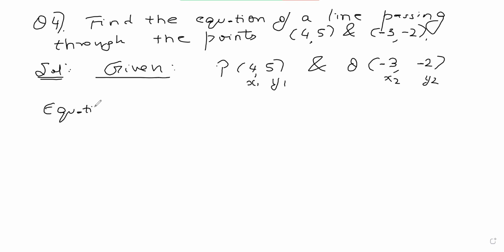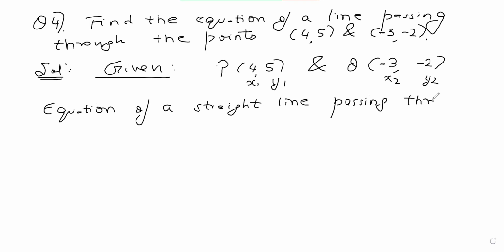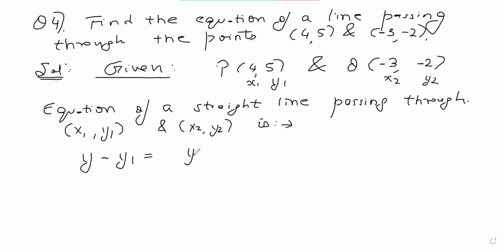Equation of a straight line, recall this from my theoretical lectures. Equation of a straight line passing through the 2 points x1, y1 and x2, y2 is y minus y1 is equal to y2 minus y1 over x2 minus x1 times x minus x1.